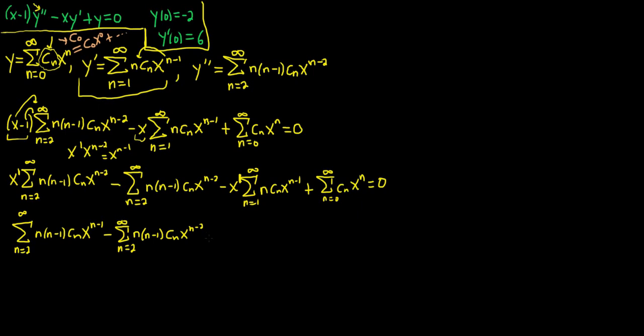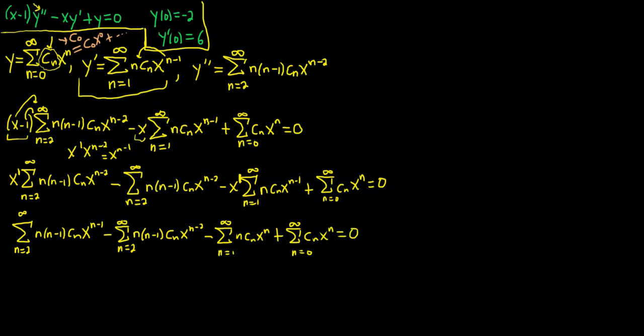So 1 plus n minus 1 is n. So we have minus the infinite sum, n runs from 1 to infinity, of n c sub n, x to the n, and then plus the infinite sum as n runs from 0 to infinity of c sub n, x to the n, and all of that is equal to 0.